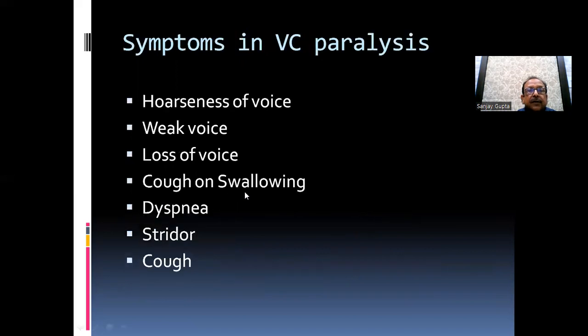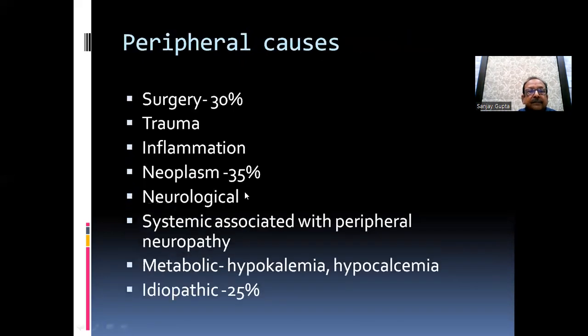Then various neurological conditions. Then systemic conditions associated with peripheral neuropathy, metabolic conditions like hypokalemia and hypocalcemia, and in 25% of cases the cause is not identified and they are labeled as idiopathic vocal cord paralysis.